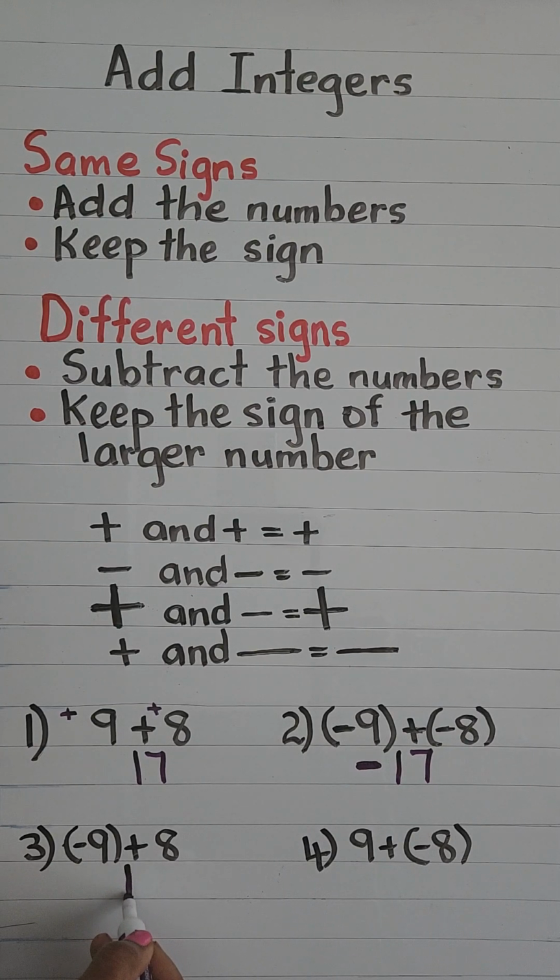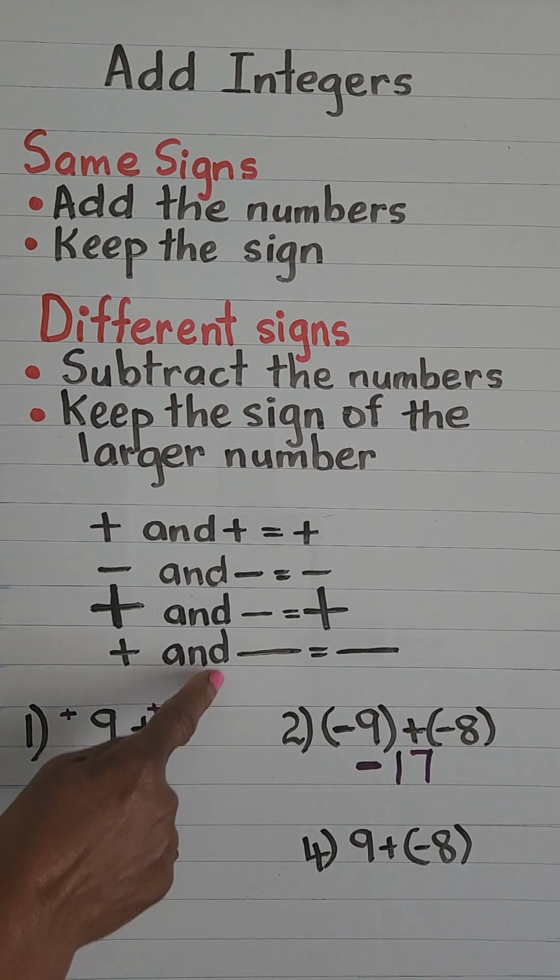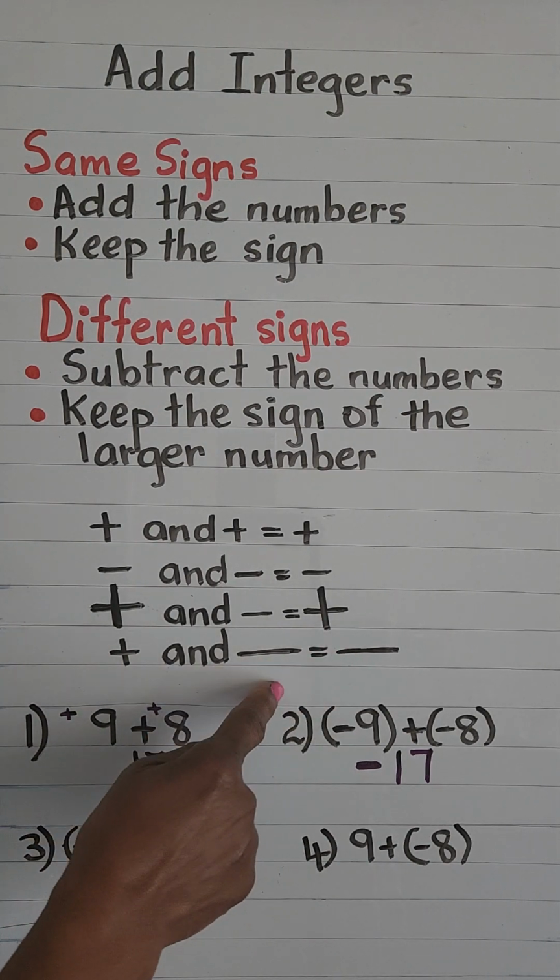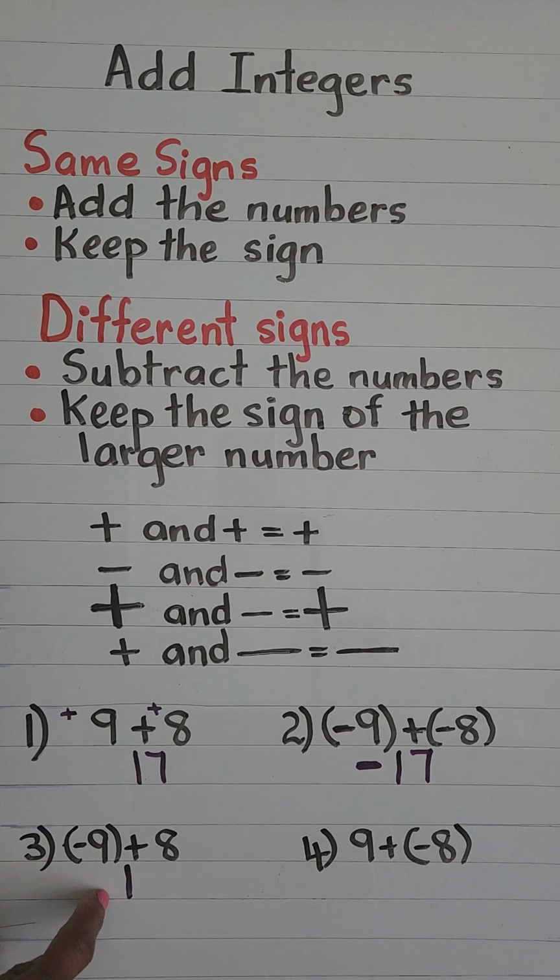But with two different signs, the larger number is negative, so the answer will keep the negative sign. So negative 9 plus 8 is negative 1.